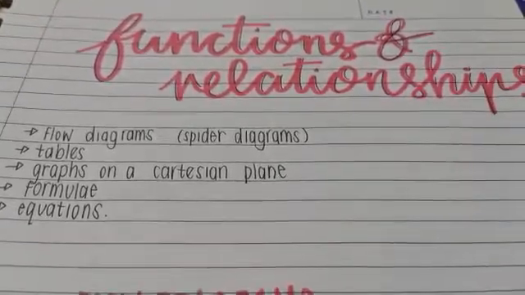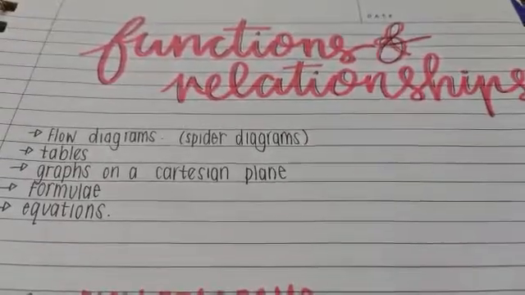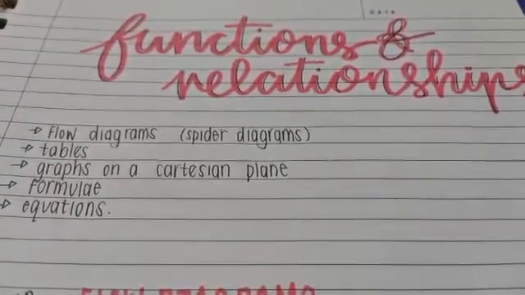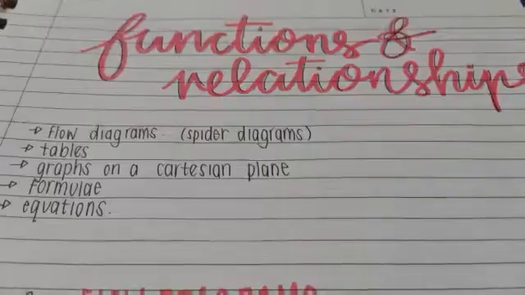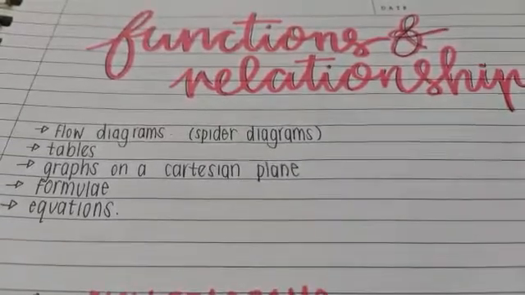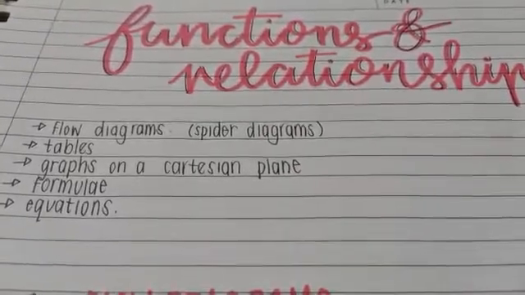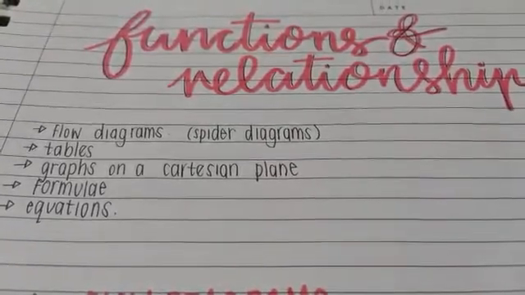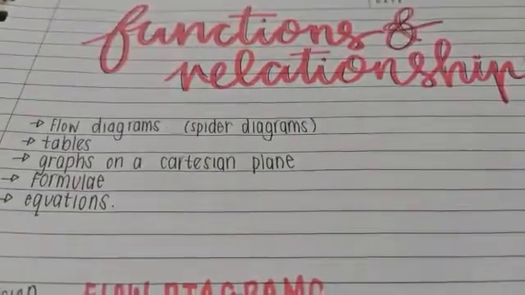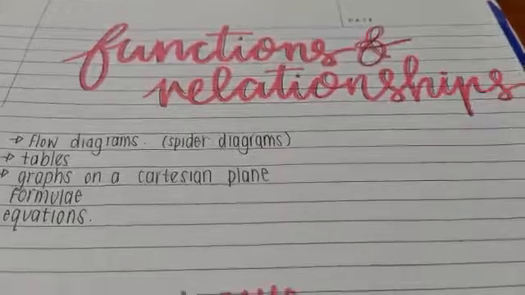I can represent it verbally by saying, for example, a number multiplied by 2 and then add 7 to it, so that would be verbally. Or I can put it in a flow diagram, or I can put it in a table. And then the other way that we can represent it is with a formula. For example, y is equal to 2x minus 7. You're going to see that quite often. That's the example that I use throughout this explanation.